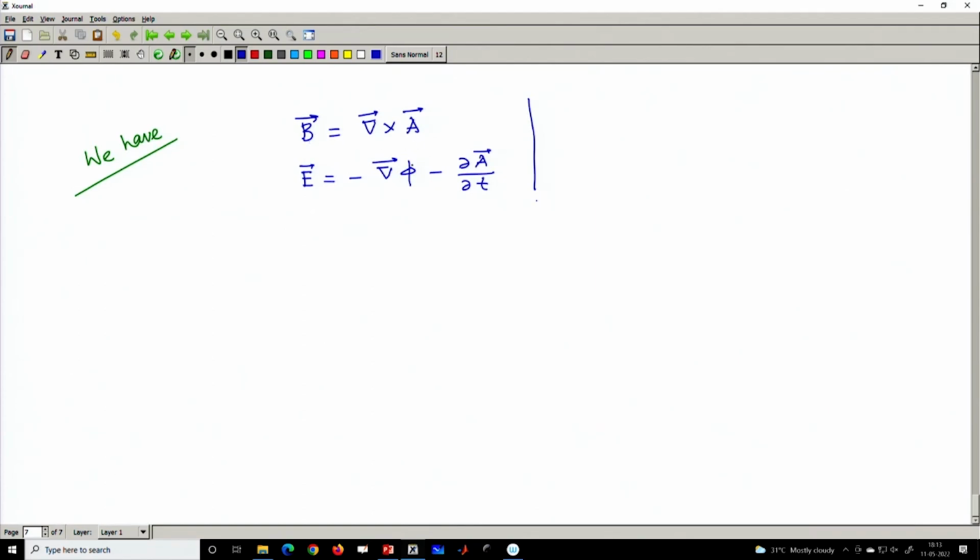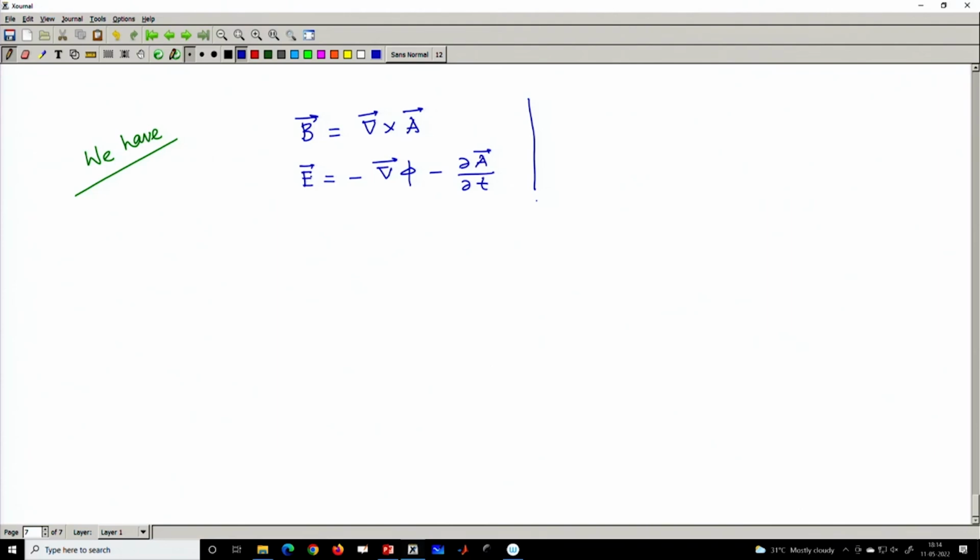This is right. So, you can see here the 6 components of B and E can be extracted from the 4 components of A and phi. At the end of the day I need to find E and B. B has 3 components Bx, By, Bz, E has 3 components Ex, Ey, Ez.